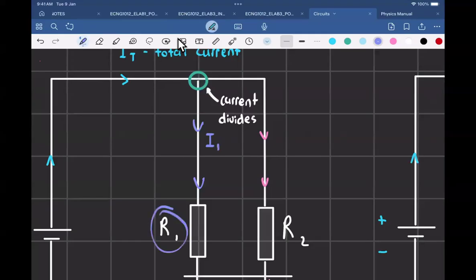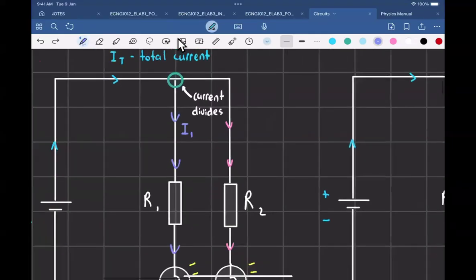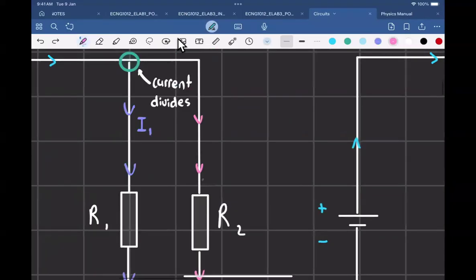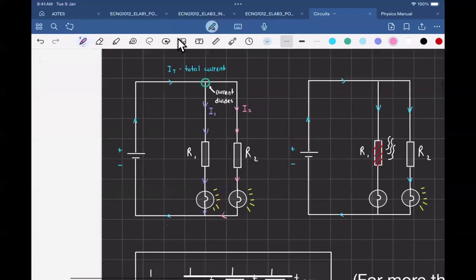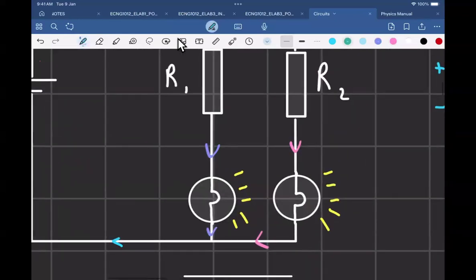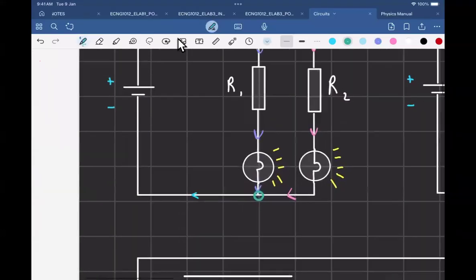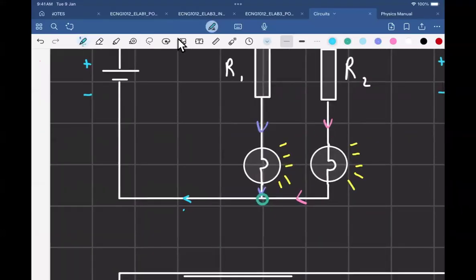It's passing through R1, so I'll call it I1. And I'll call the current passing through R2, I2. And when the currents meet back up at this point, we're going to end up with the total current. I could write that as an equation: IT would be equal to I1 plus I2.